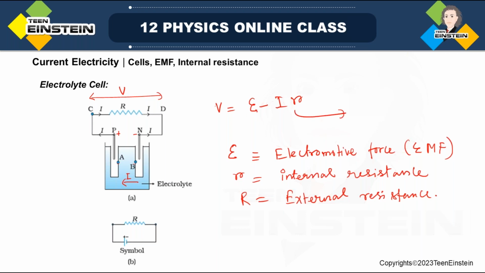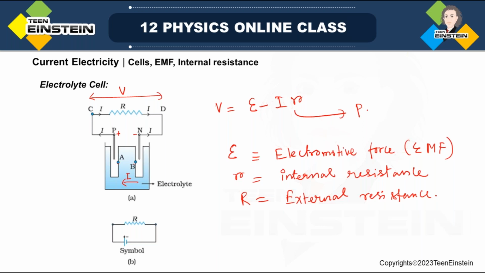In open circuit condition, the cell can give the whole potential difference, but when there is a flow of current inside the electrolyte also, there will be a drop. This is the potential drop, sometimes called lost voltage.